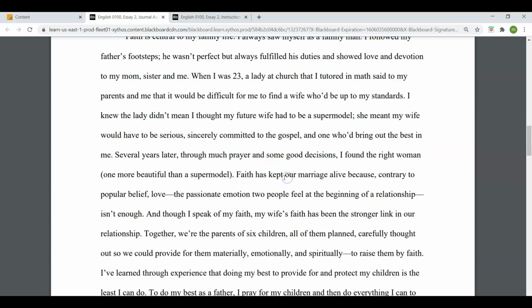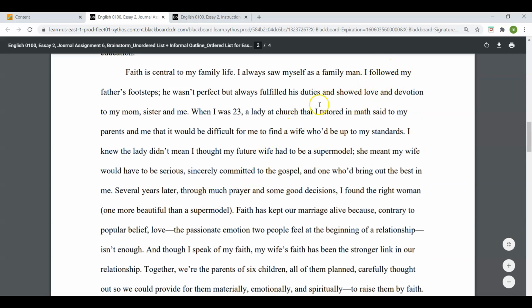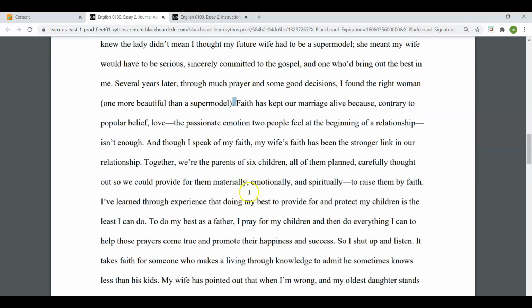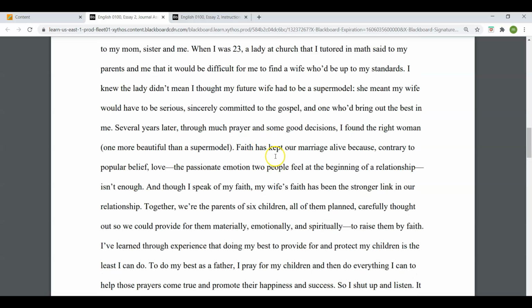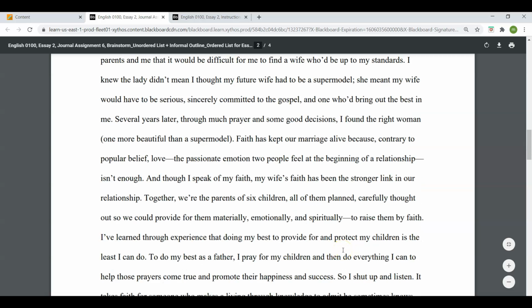So that was kind of a story, right? A story of being an adult and having that little crisis, like, will I find someone to marry, someone good for me, and that I'm good for her too? Then another story kind of begins here. So notice it's a short story within the paragraph, not the whole essay as one story.